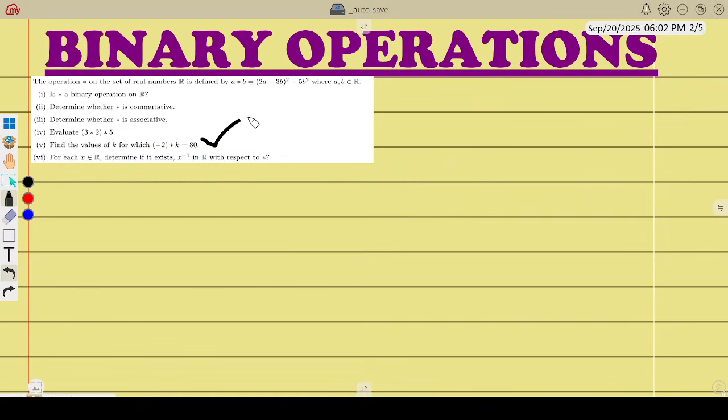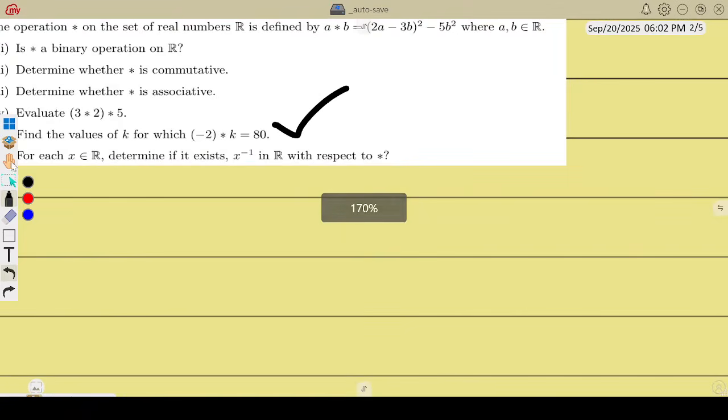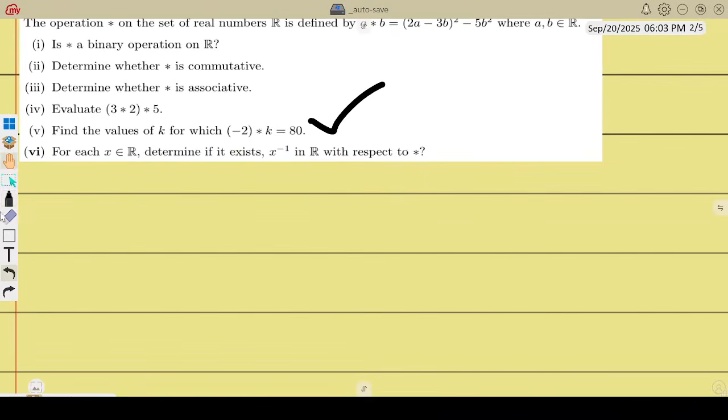So we've solved this, and then for each member x in real numbers. So this is the question. For each element x which is a member of real numbers, determine if there exists an x inverse in the real numbers with respect to the operation.